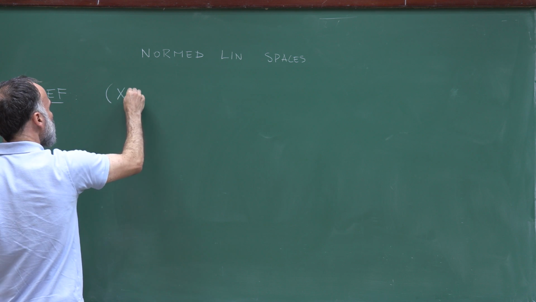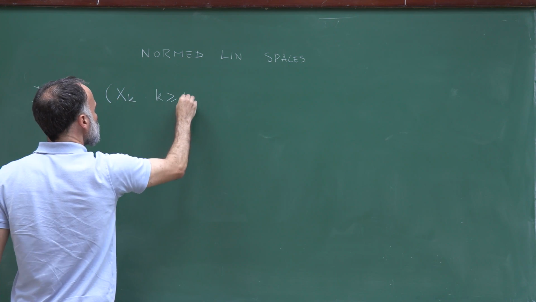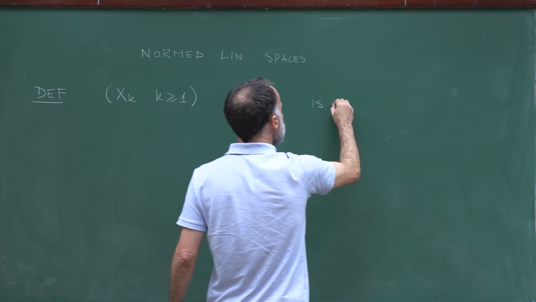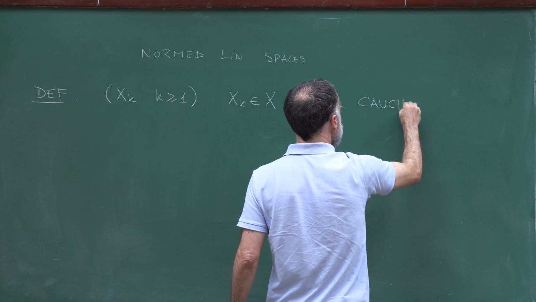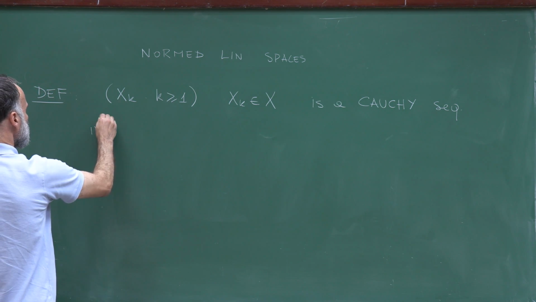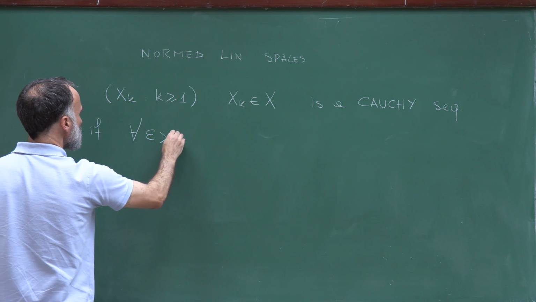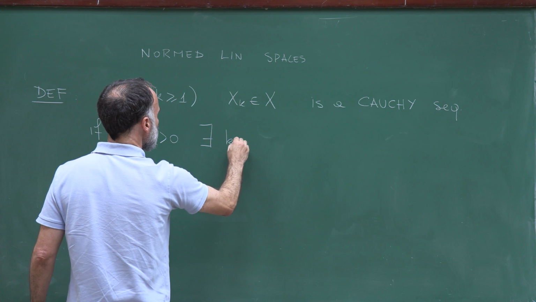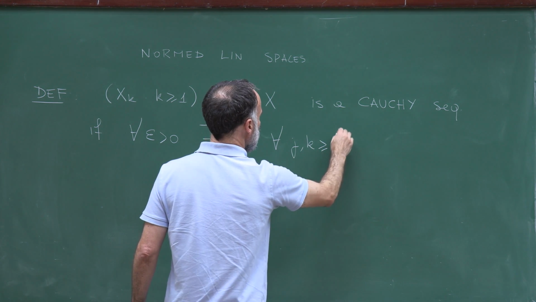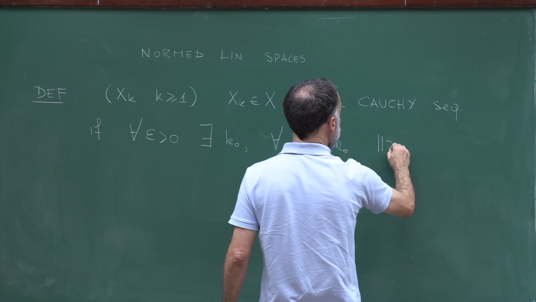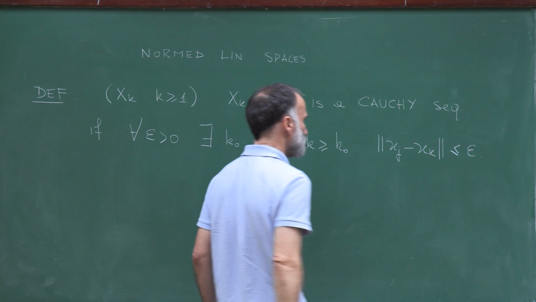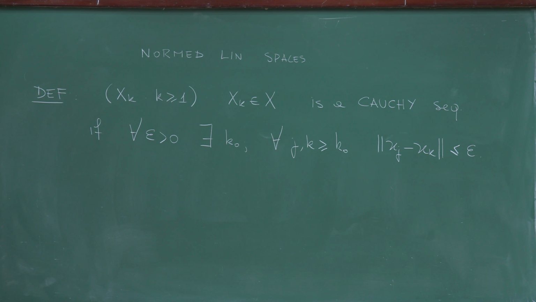So we have a sequence xk, k larger than 1, xk in X. This is called a Cauchy sequence if for any epsilon strictly positive, I can find k naught such that for all j and k larger than k naught, the norm of xj minus xk is less than or equal to epsilon. So this is the definition of a Cauchy sequence.